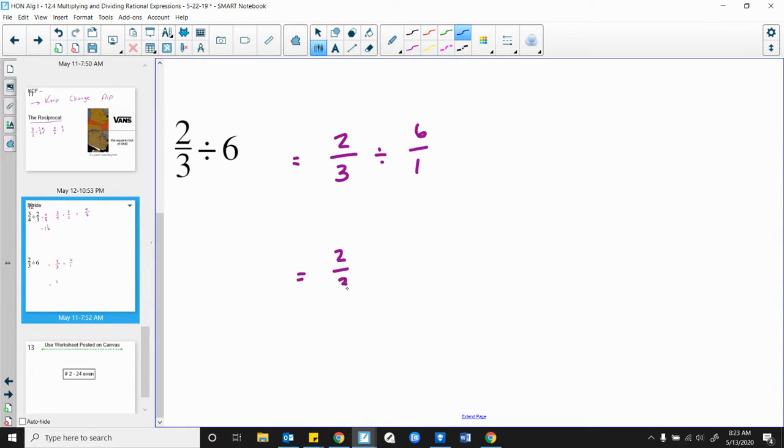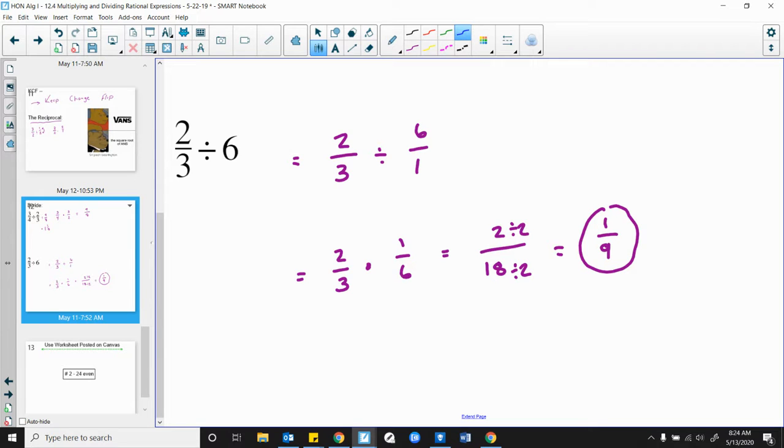Keep 2/3, change division to multiplication, and flip to 1/6. And this becomes 2/18, which divided by 2 simplifies to 1/9. Again, very simple stuff, but it's stuff that students struggle on all the time.